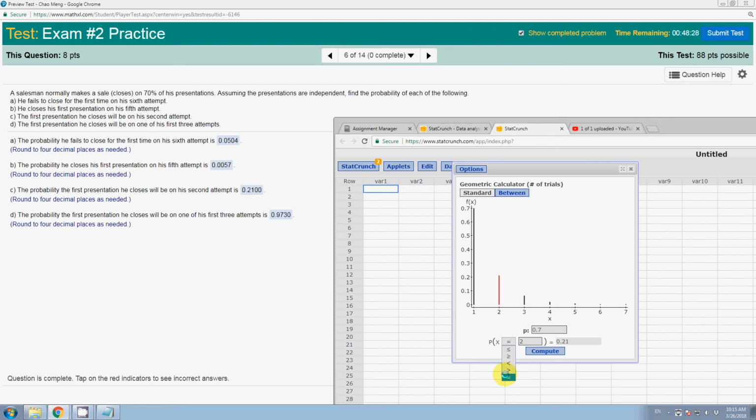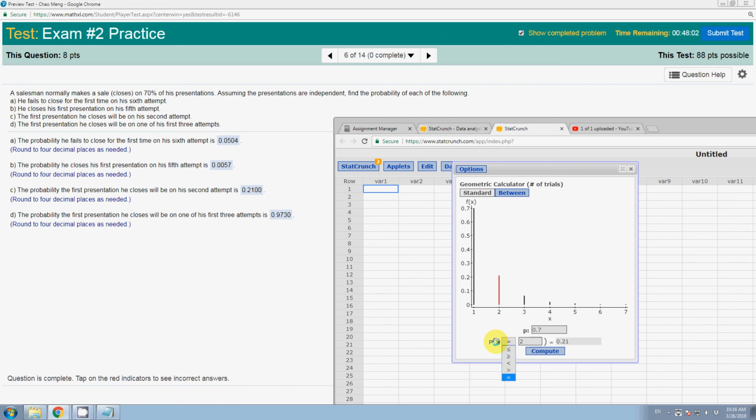That means he can make a sale on his first attempt or second attempt or the third attempt. So there are 3 kinds of outcomes. He makes his first sale on his first attempt or second attempt or the third attempt.